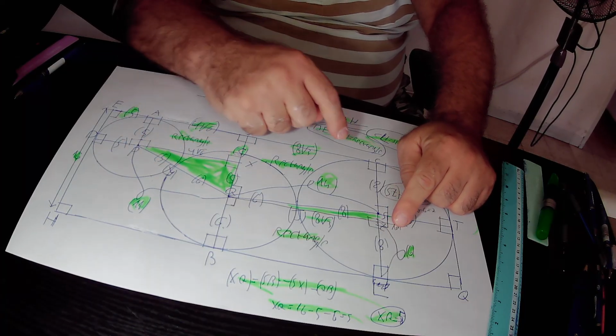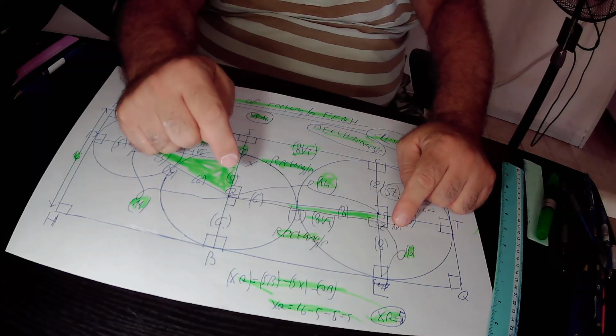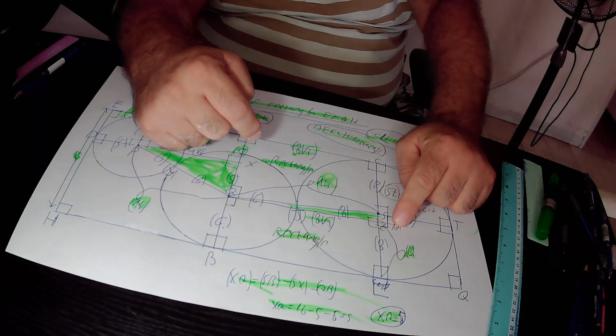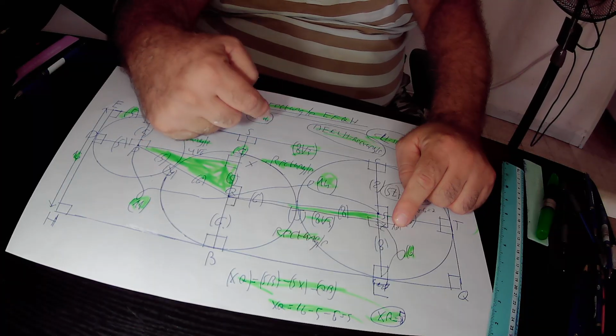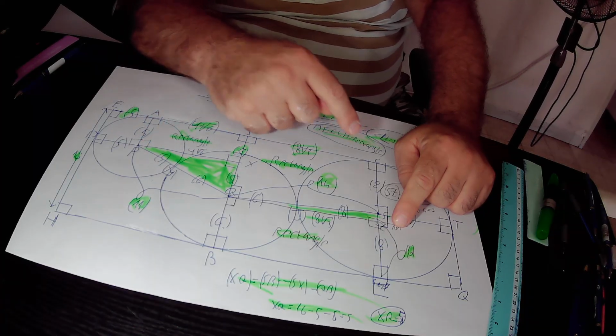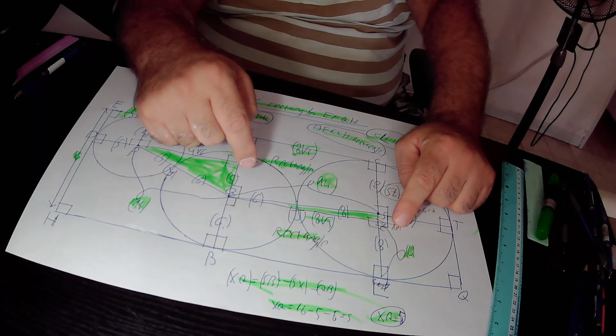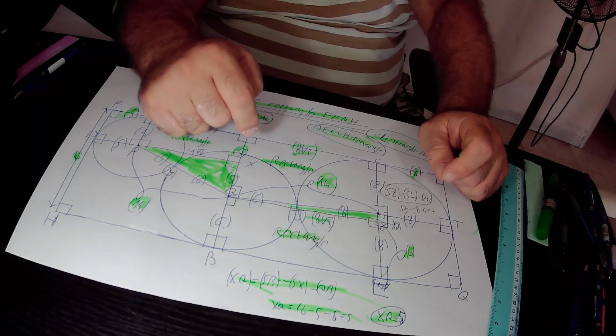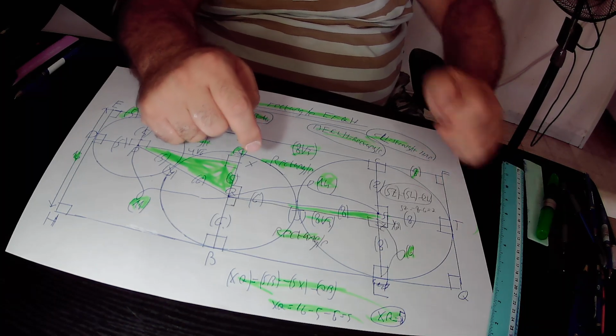Now, CSQZ is a rectangle because it has 1, 2, 3, 4 right angles. Therefore it is a rectangle, and we know that the opposite sides of a rectangle are equal to each other.